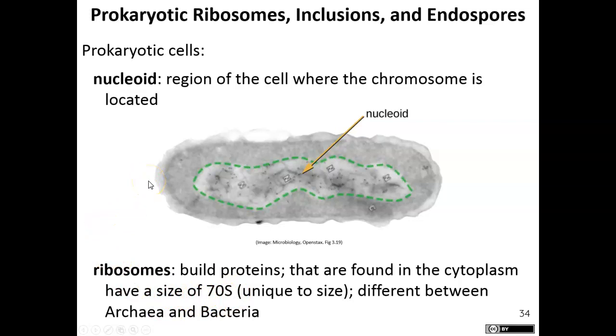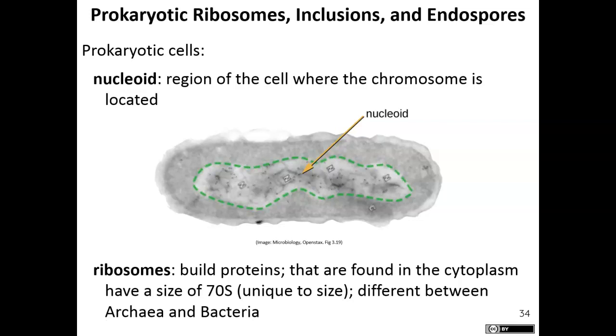70S ribosomes are composed of two different subunits. So the subunits are known as 50S subunits and 30S subunits, but together they're called 70S ribosomes. Those differ in structure from eukaryotic cells.